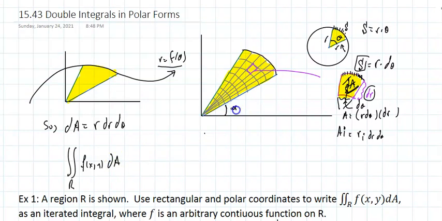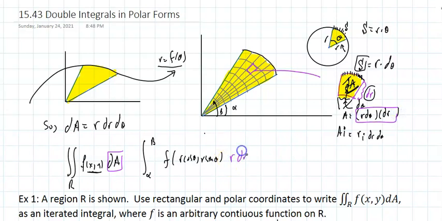Let's say this is alpha, and let's say this is beta. That's going to be the integral from alpha to beta of f. My x, if you recall, is r cosine theta. My y is r sine theta. My dA, which is a big deal if you are converting, is r dr d theta.